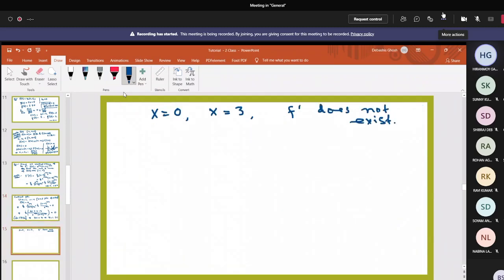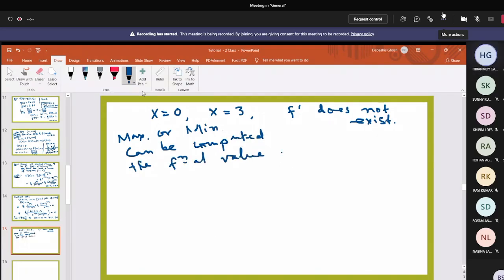So local maximum or minimum can be computed at the functional value at each of these points. That I think you can compute by yourself.